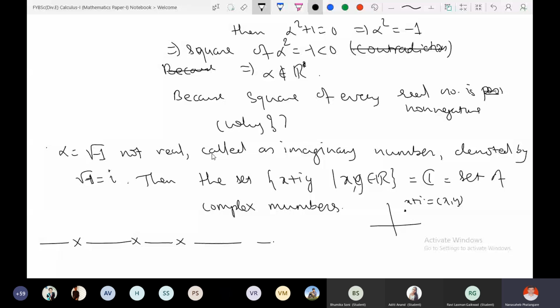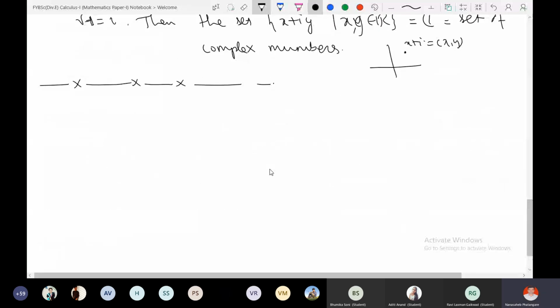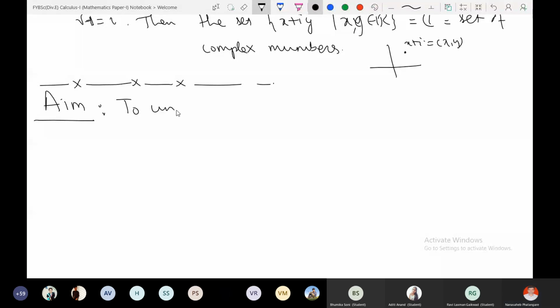Now what is our aim? Our aim is a big aim. It is to understand the structure of the real number system.